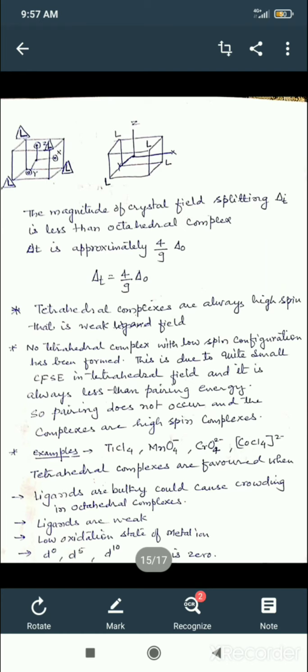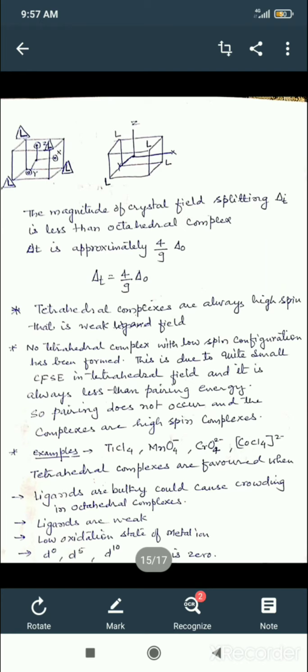This is due to the quite small crystal field stabilization energy in the tetrahedral field, which is always less than the pairing energy. The electrons arrange singly first and then jump to the higher level. They will not pair up at the lower level.